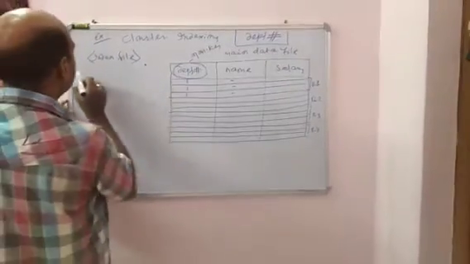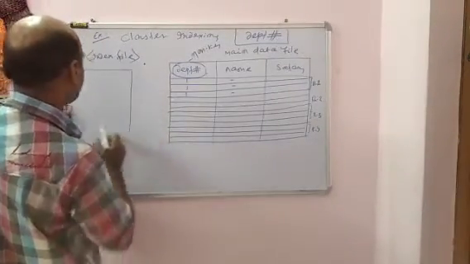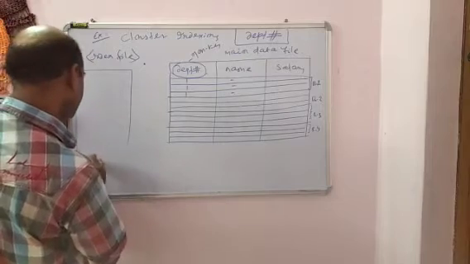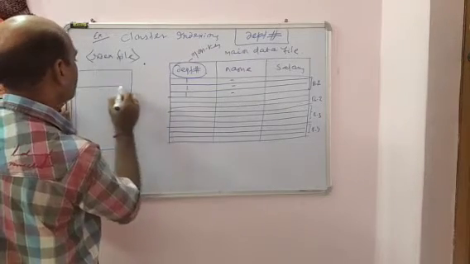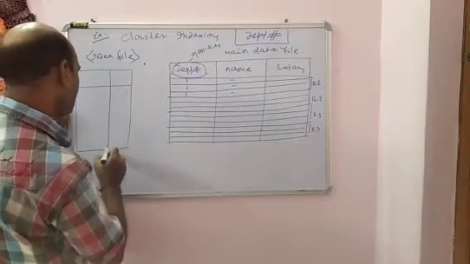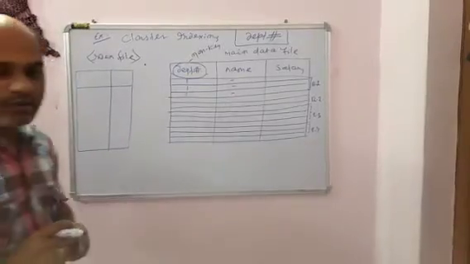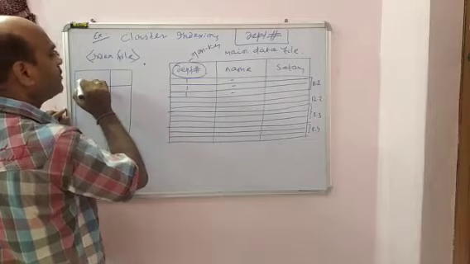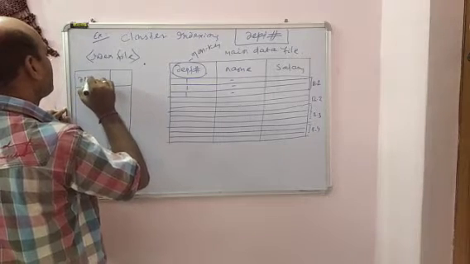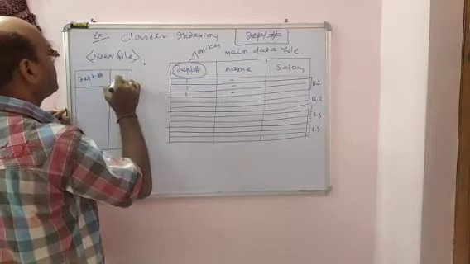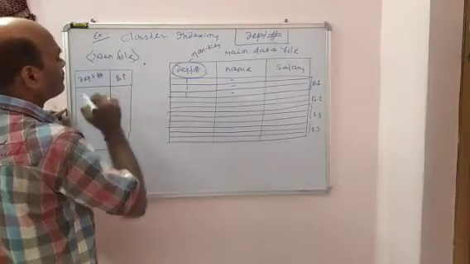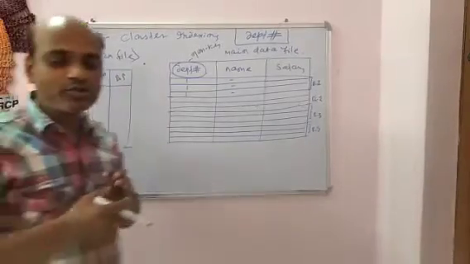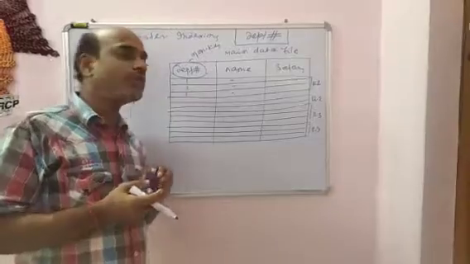So in the index file, the clustering field is department code, and this is the block pointer. So here the clustering field is department code.